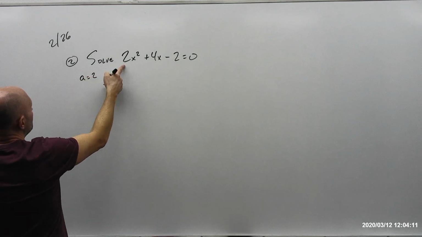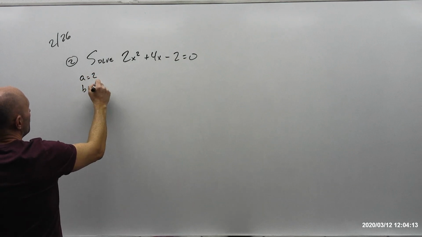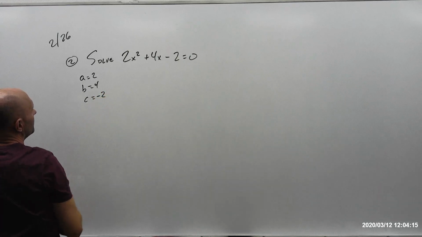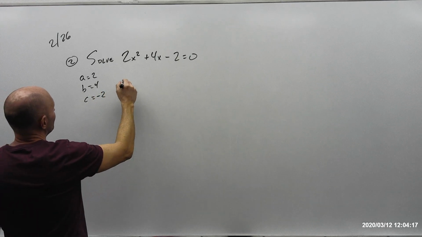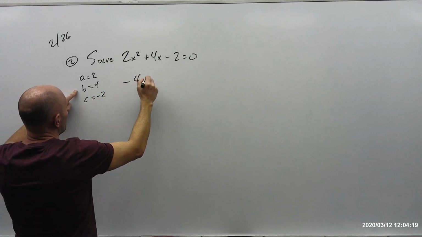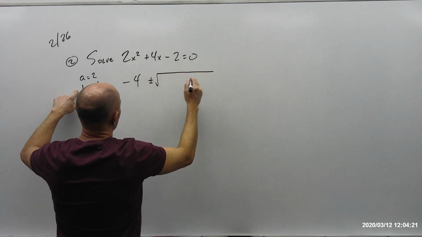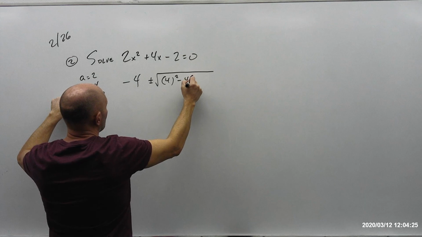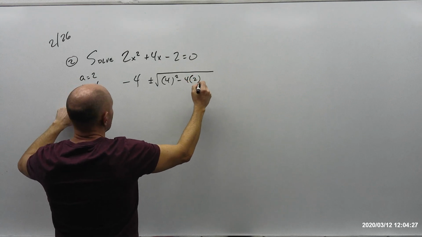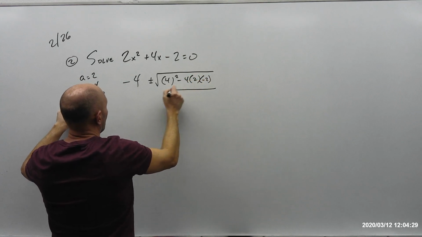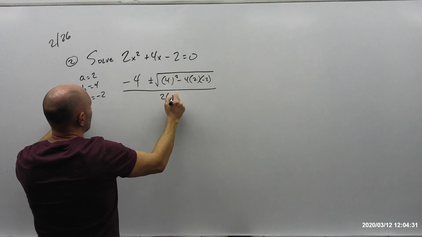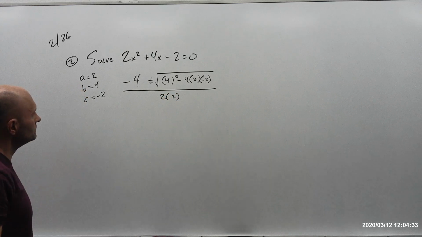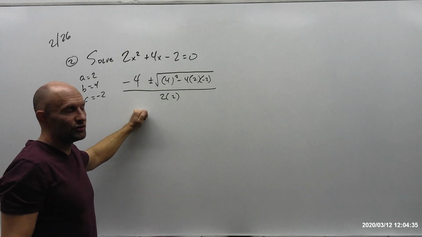My a is 2, my b is 4, c is negative 2. So the quadratic formula is negative b, so negative 4, plus or minus the square root of b squared minus 4 times a times c, all over 2 times a. So this is the equation you should have.